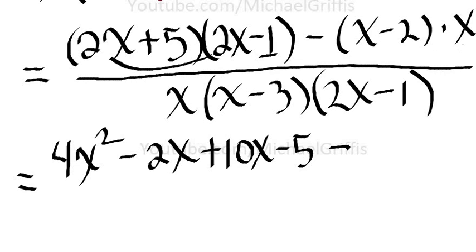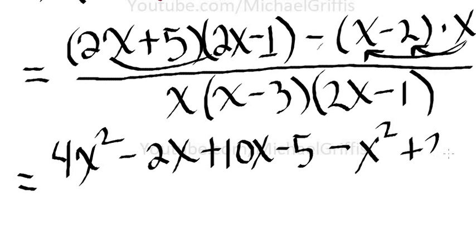Minus, so x times x is x squared. And then x times, and remember we got this minus sign, so we got to distribute that. So that makes that a plus 2x there at the end.